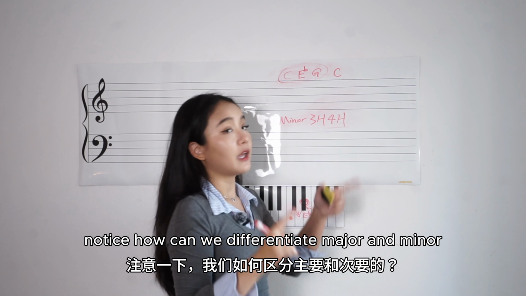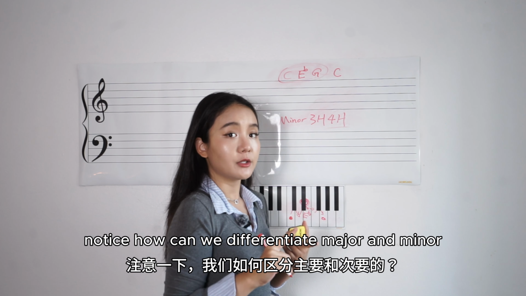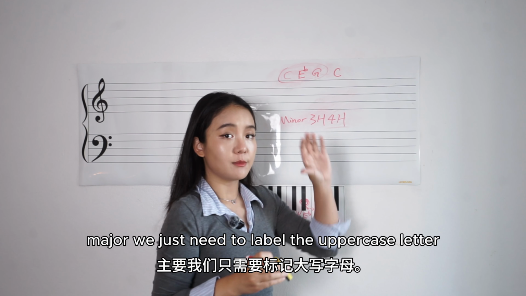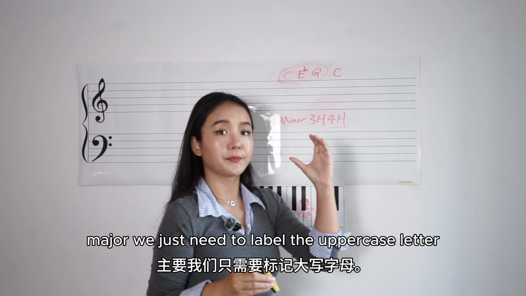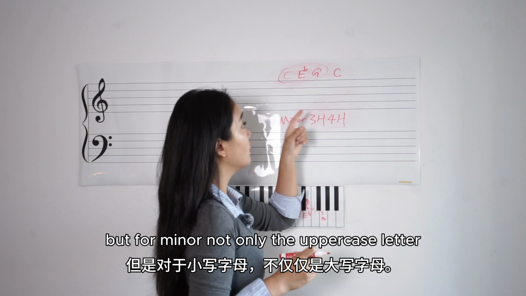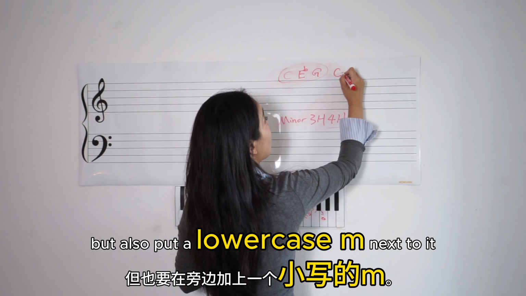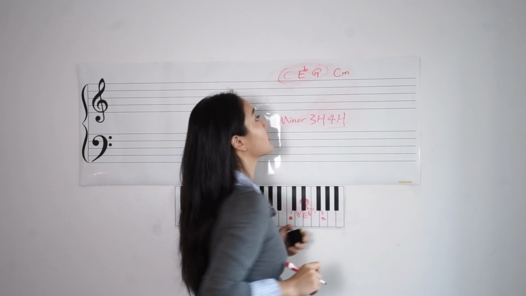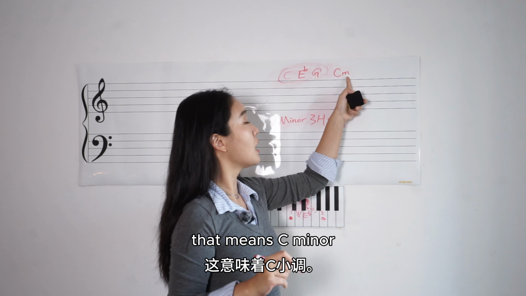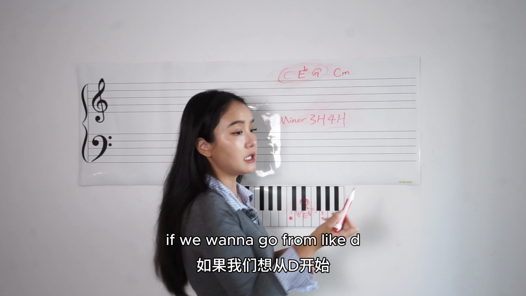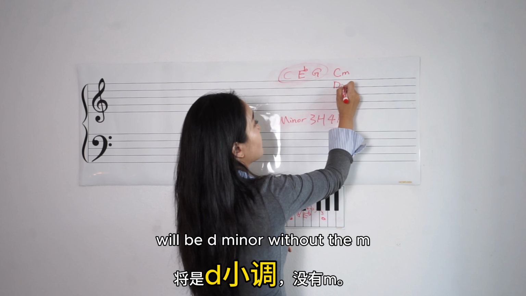Notice, how can we differentiate major and minor? For major, we just need to label the uppercase letter. But for minor, not only the uppercase letter, but also put a lowercase m next to it. That means C minor. If we want to go from D, it will be D minor.